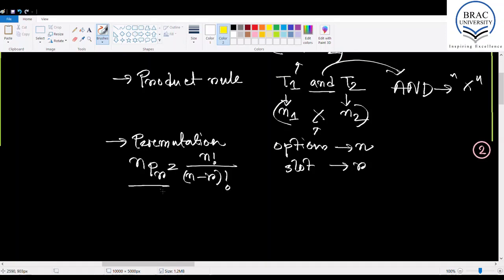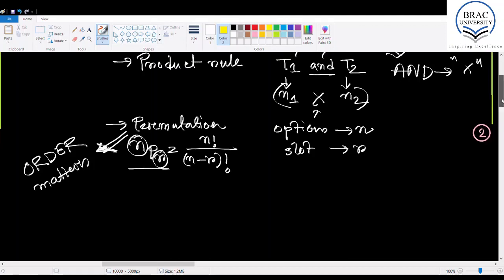It means you have to arrange r number of elements out of total n number of elements. And a very important feature of permutation is that order of the elements always matters. It means order changes, permutation changes.